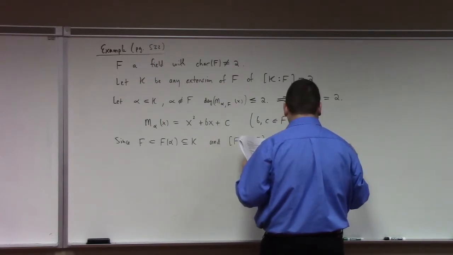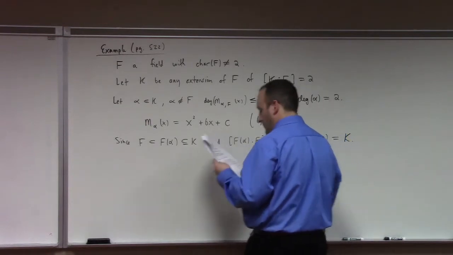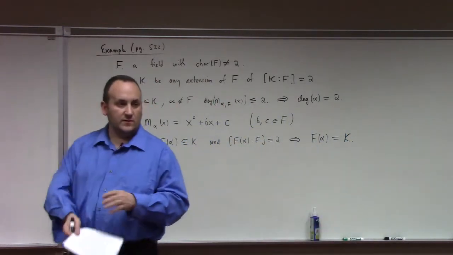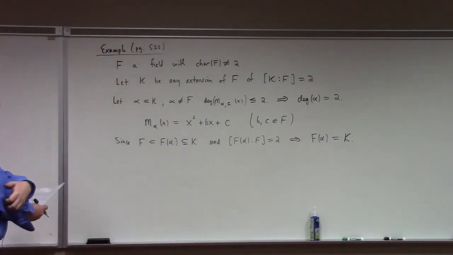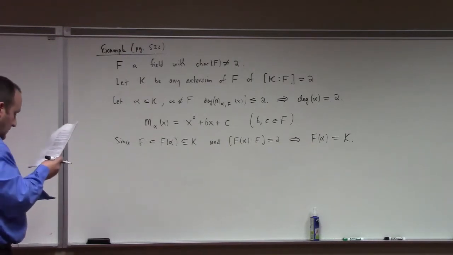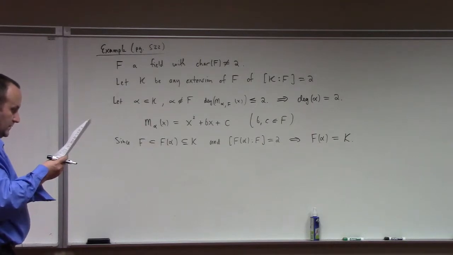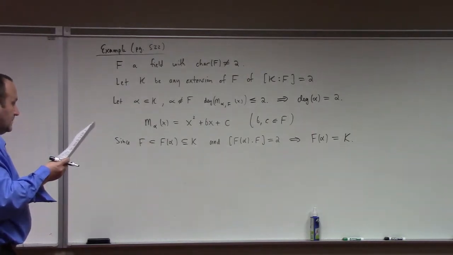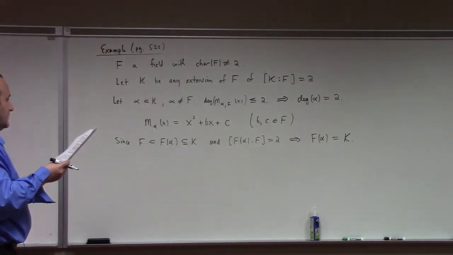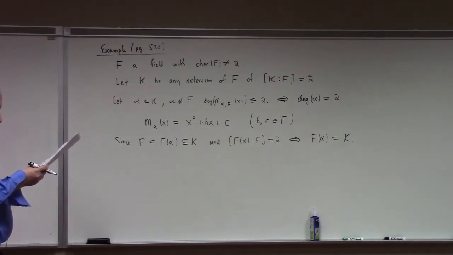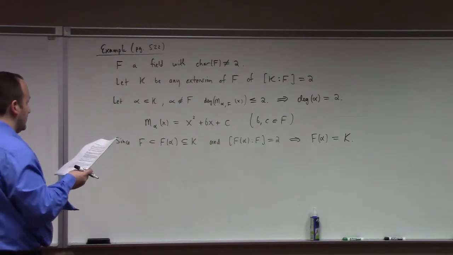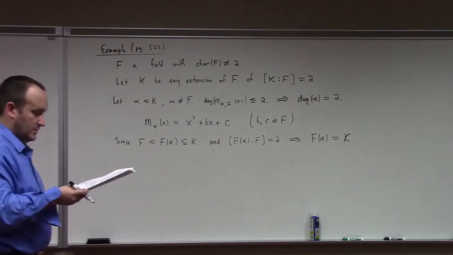Yeah, he says K is equal to F alpha here, because we picked alpha in K, so yeah. Let's see here. So then the question is, what does this alpha look like, right? And his claim is that we can look at alpha as being like a square root, right?